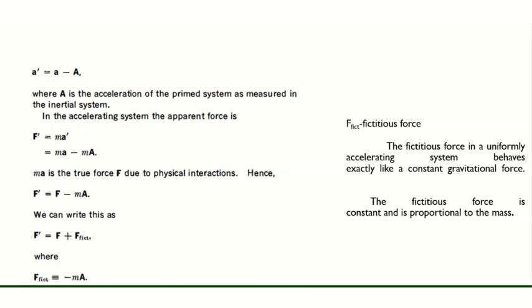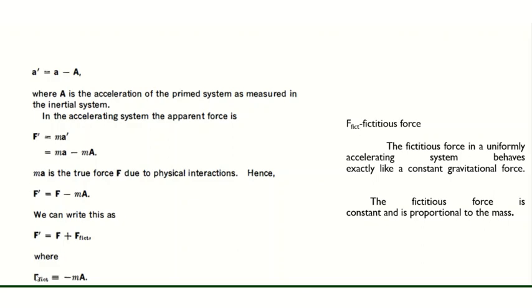So there is a fictitious force when we are measuring with the accelerated primed system, the accelerated frame of reference. This fictitious force comes into action where f fict is equal to minus mA. The fictitious force in a uniformly accelerating system behaves like a constant gravitational force, and this fictitious force is constant and proportional to the mass.